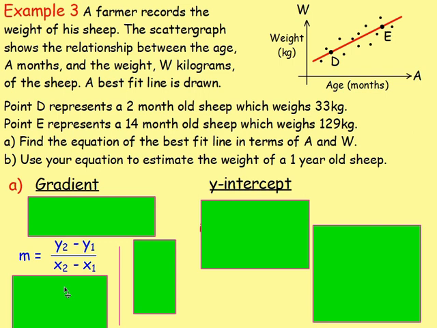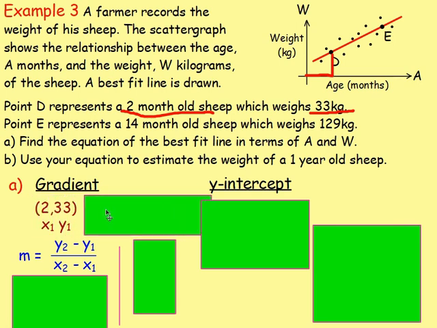We do know points, Brian. Look at it. It tells us here point D represents a 2-month-old sheep, and it weighs 33 kilograms, which means that for point D, we came along to 2 and we went up to 33, which means that if we write that as a point, it will be (2, 33).